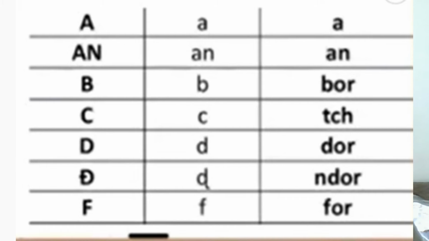The next letter is a D crossed out. You can see it on the screen.